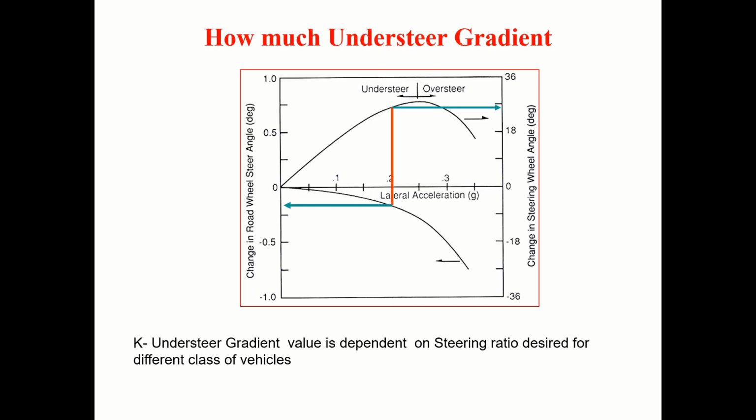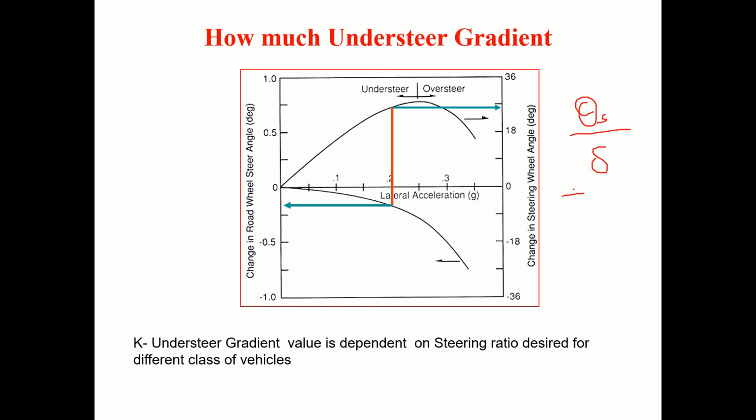So how much understeer gradient we should have? That is the question. It is very difficult to say exactly this is the value. However, we can test and we can tune the vehicle. But it gives you an idea here. Gives here change in road wheel steer angle. That is delta. This change in steering wheel angle, let us say theta steering.